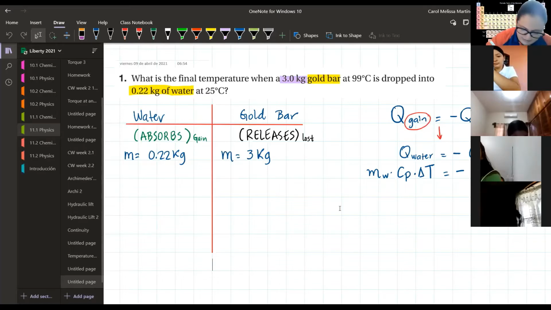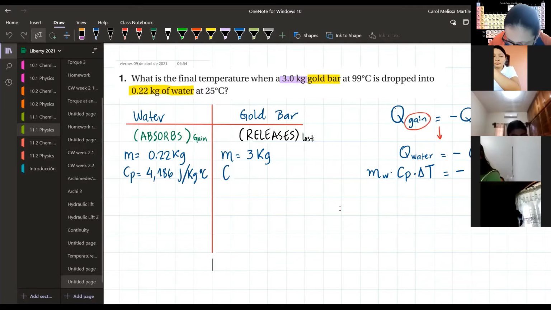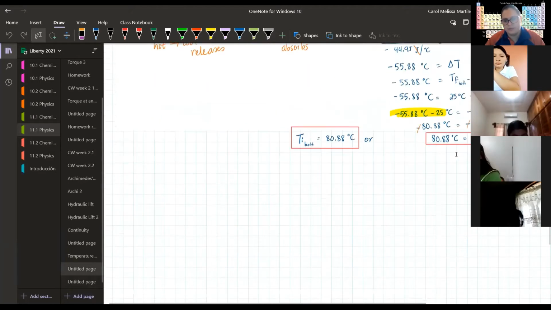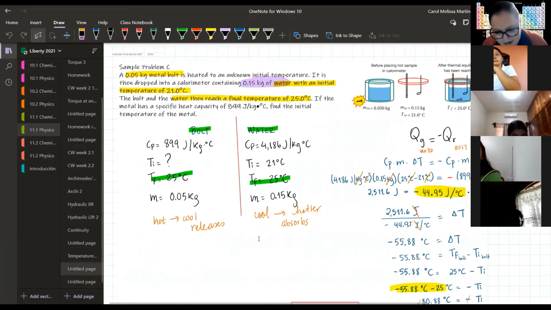Then we have the Cp. Even if it's not given in the problem, Cp of water is 4,186 joules over kilogram Celsius. And the Cp of gold, you look for it in the table. I'm going to look for the table. I have the table here.